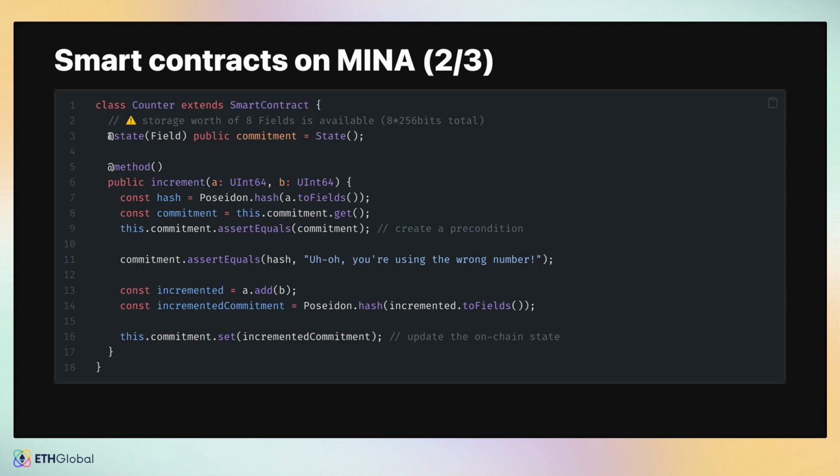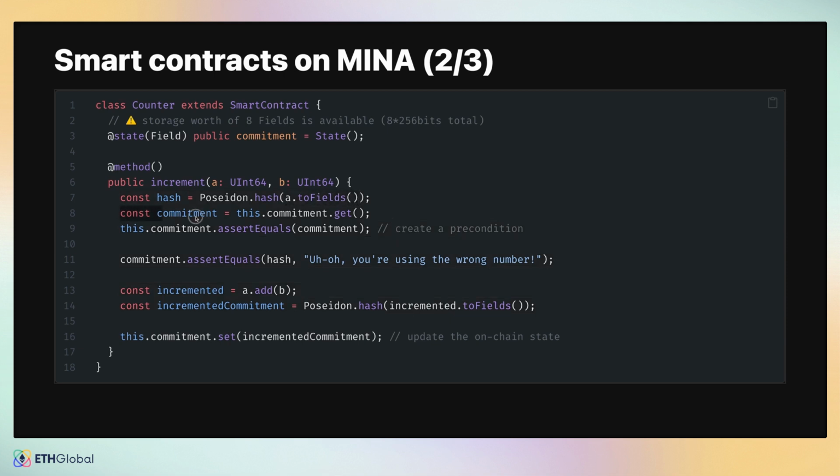What we are storing on the chain using this decorator and this public property of the class, we call it commitment, and it's just going to store a single field. Then we will have an increment method that will accept 2 private inputs, A and B, same as the ZK program. The state that is stored on chain will become the public input into our smart contract. The business logic is identical to the ZK program. So we first hash the input that you are supposed to know.